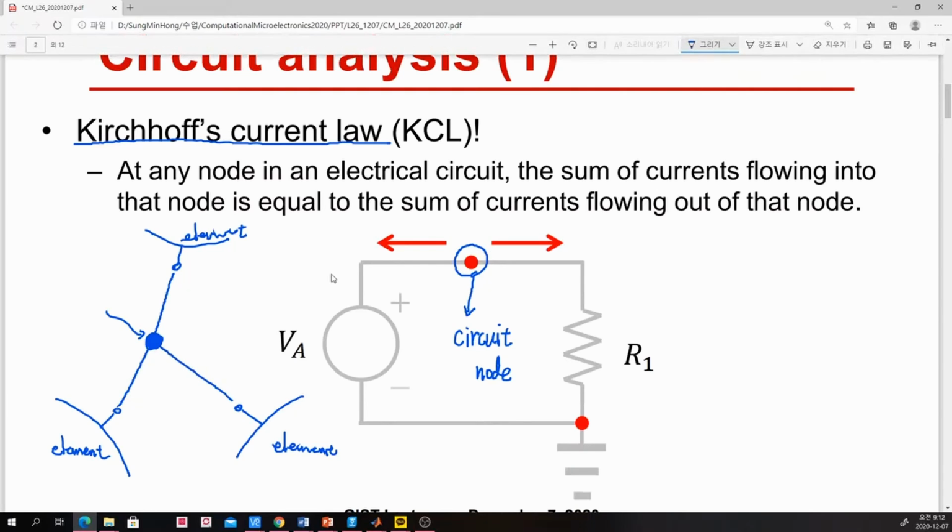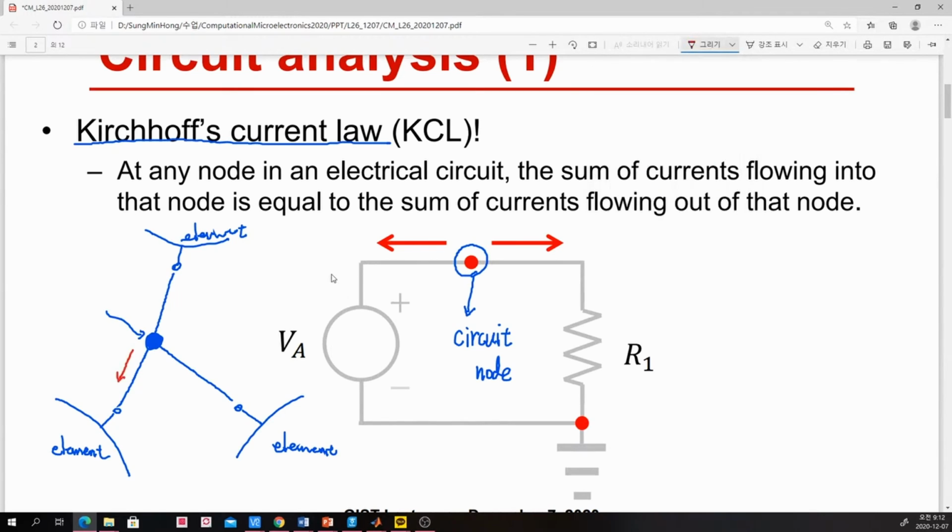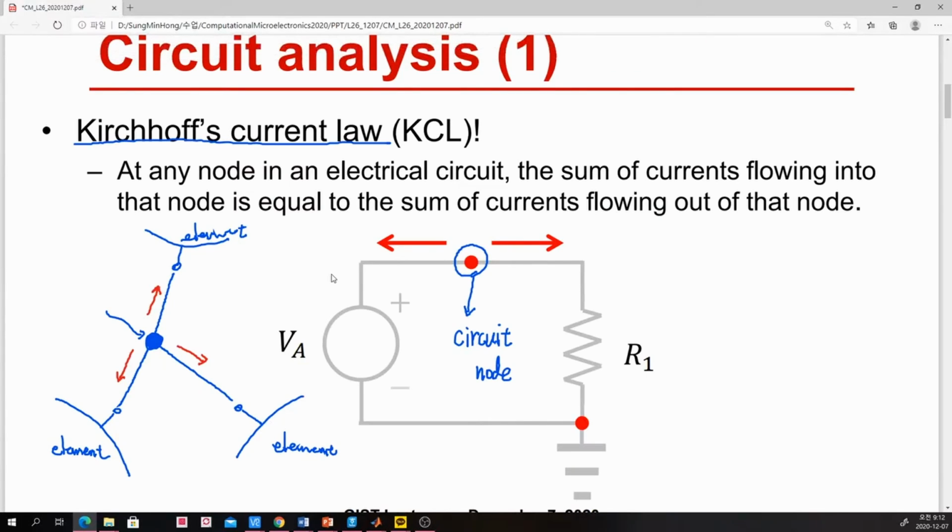Kirchhoff's current law simply means that if we make a sum of branch currents with a unified directionality, then we have a vanishing sum. Let's say this is I1, branch current 1, branch current 2, and branch current 3.